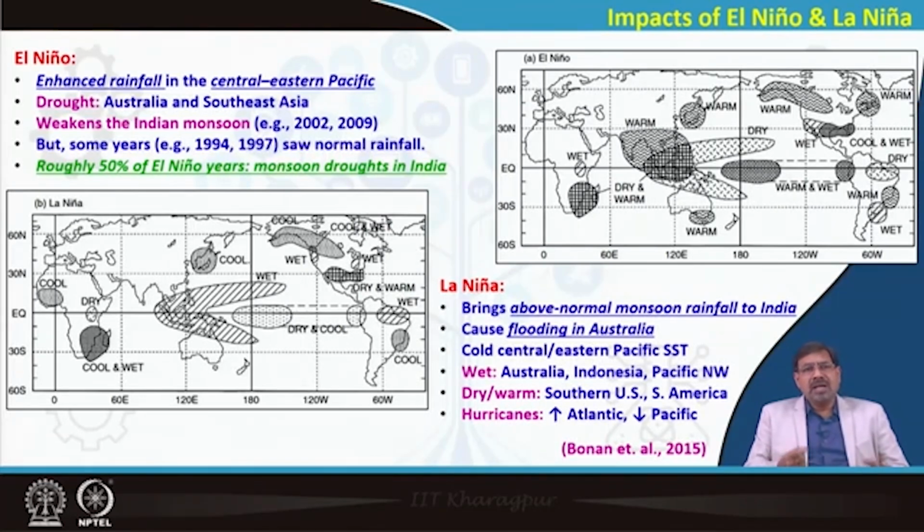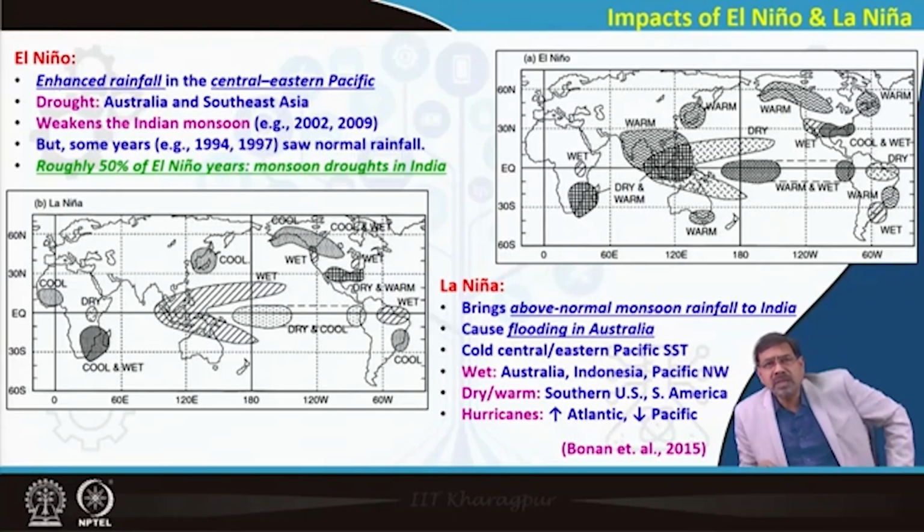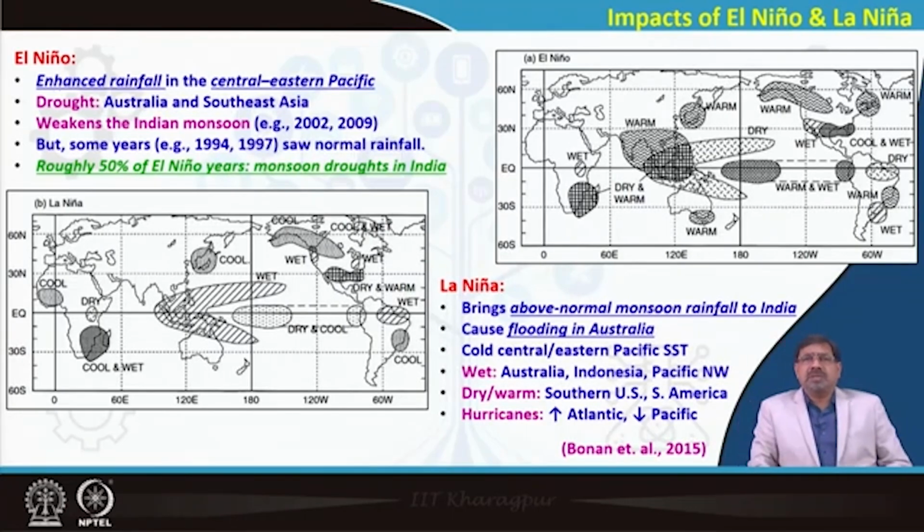Now, have a look at the Indian region. A huge region has been shown as affected by El Nino. Let us move to the right hand side, where the various explanations for La Nina are presented.